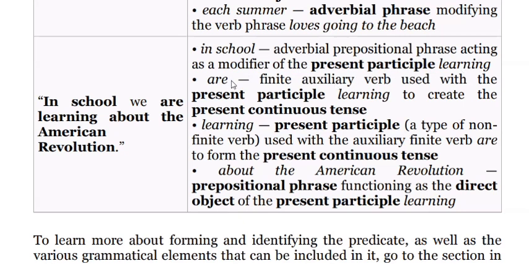Are: finite auxiliary verb used with the present participle learning to create the present continuous tense. About the American Revolution: prepositional phrase functioning as the direct object of the present participle learning.